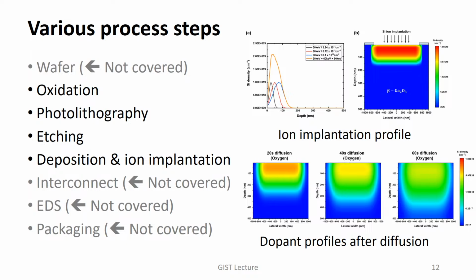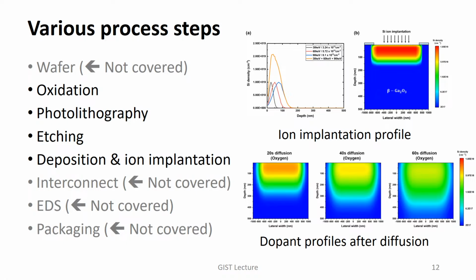Yes, oxidation is quite important because that really determines the channel of our transistor. And photolithography. Okay, photolithography is of course in the scope of process simulation.